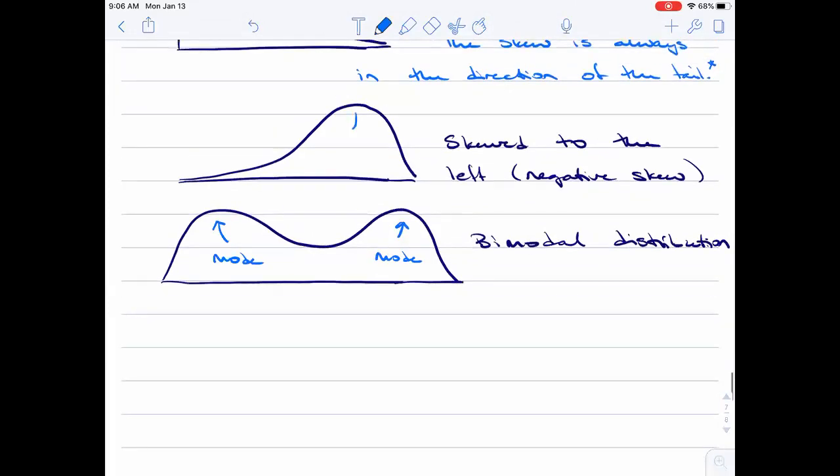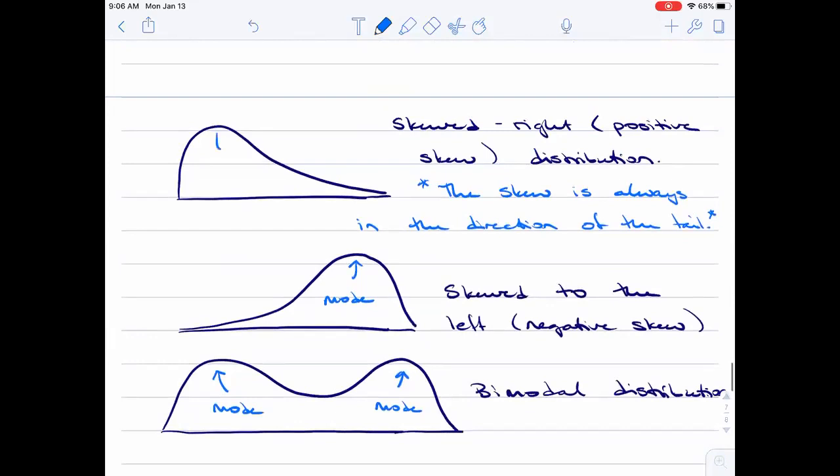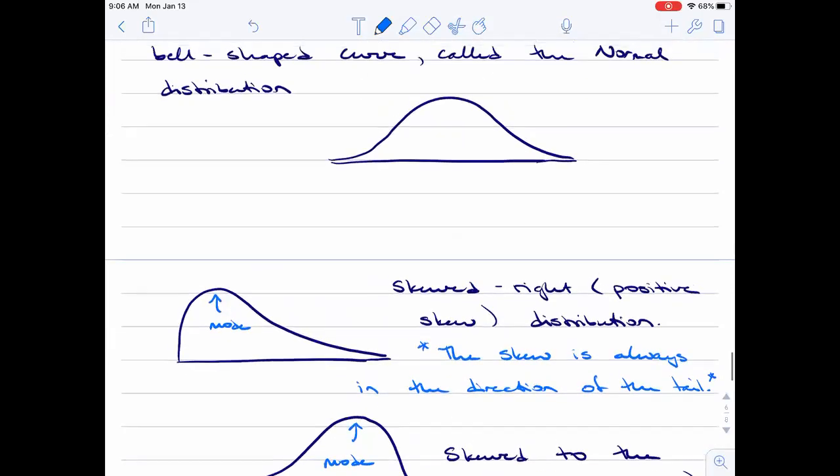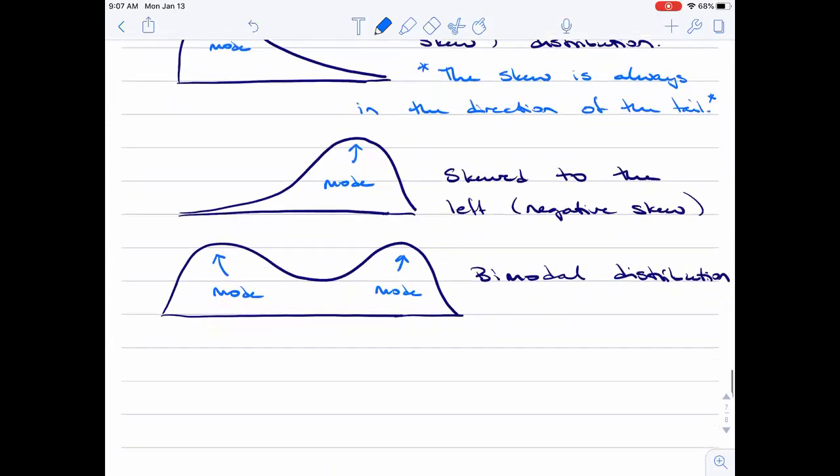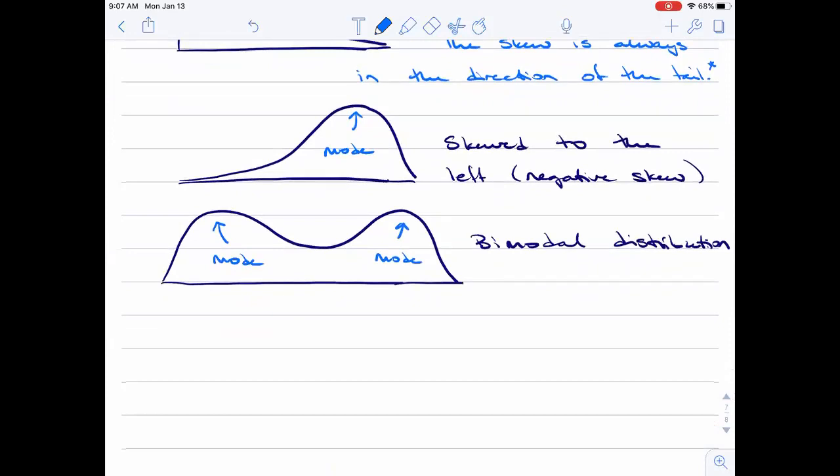In fact, in all of these distributions, the highest peak is a mode. So all of these have modes, and for the number of modes that you have, you're going to count how many distinct peaks you have.